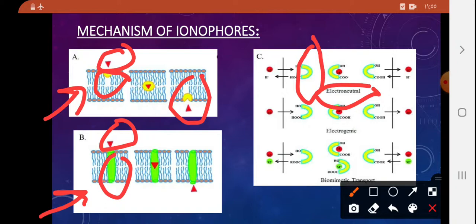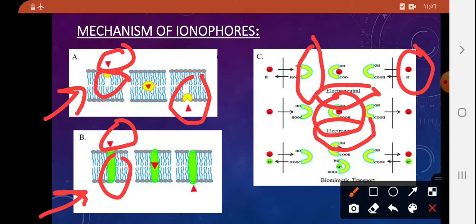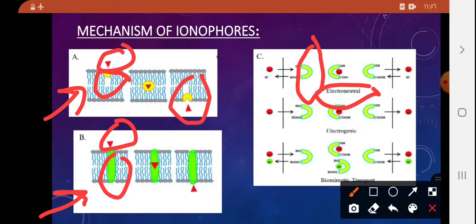where the deprotonated ionophore anion, which is COO negative, binds with H positive to release the metal cation. The other mechanism is electrogenic, where the cation is bound and transported by the ionophore acid molecule forming COOH and positive complexes, as shown here.